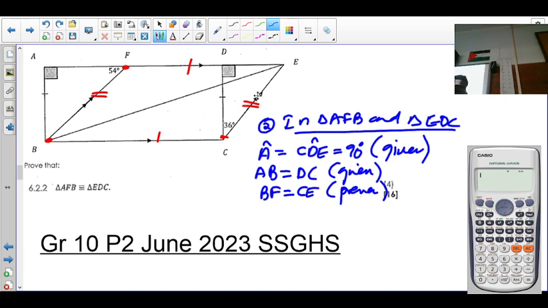Or you can again say that opposite sides of a parallelogram are equal. Okay. So therefore, triangle AFB is congruent to triangle EDC. So let's just check the order. A corresponds with D. Then F corresponds with E.